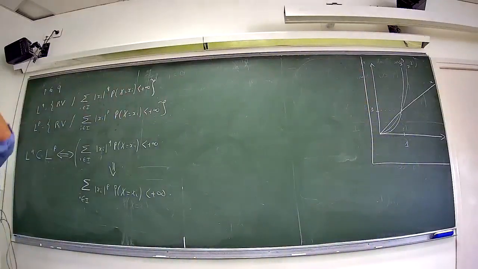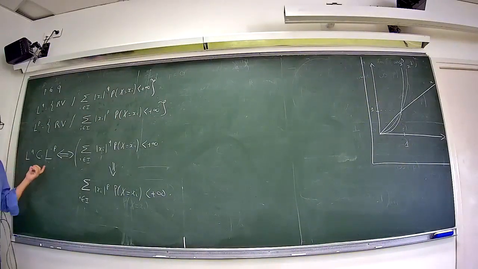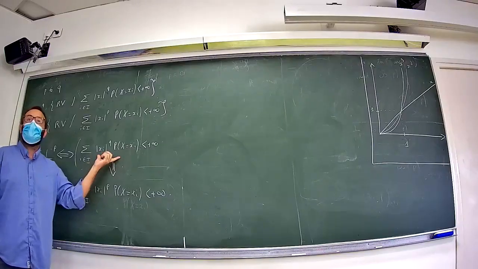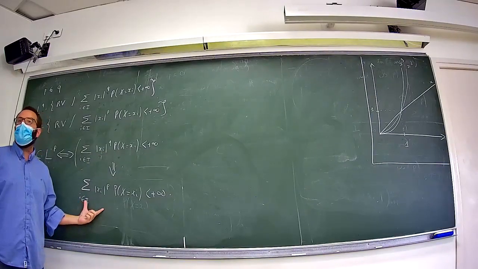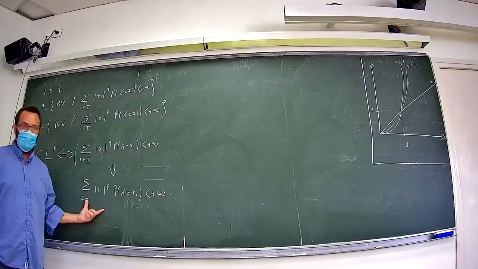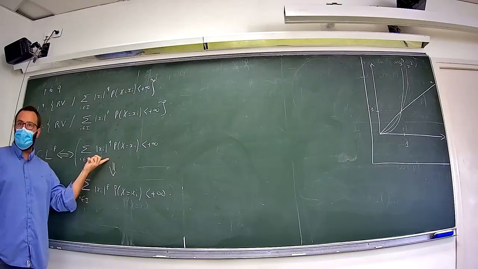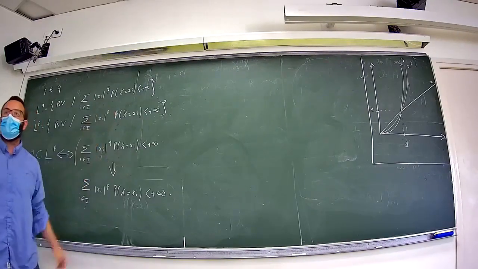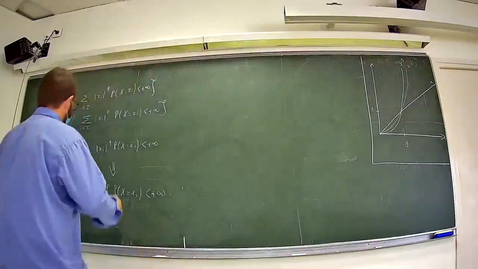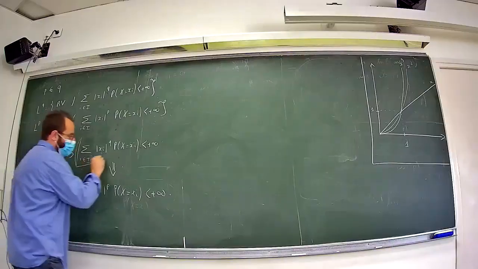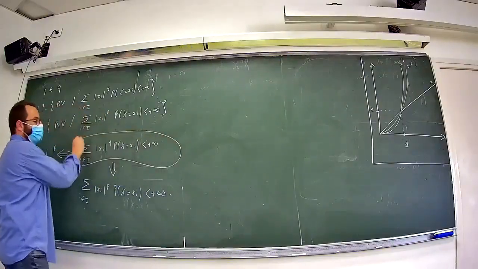So my job now, in order to prove this one, is to prove that if I have this hypothesis, this one is also finite. Supposing this. It's my job if I want to prove that LQ is included in LP. So my hypothesis is this one. I am in LQ.